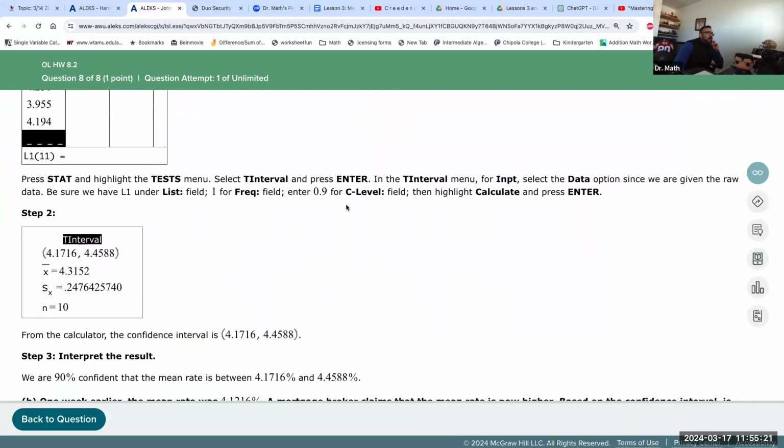When we interpret the data, we say we are 90% confident that the mean rate is between this number and this number. What that means is if we did this test 100 times, 90 of those times the true population mean rate would be somewhere between these numbers, 90 out of 100 times, because that's our confidence level.